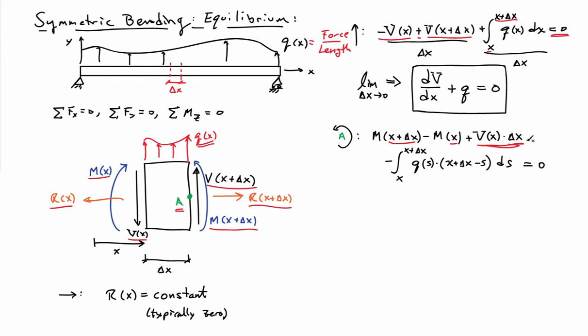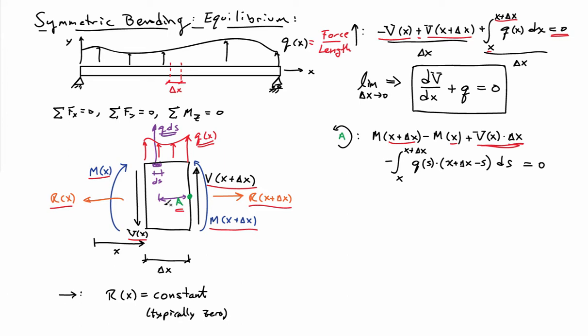So if I look at a little bit of material across the top here, say of length ds, the force acting on this little element here is going to be q ds, and the lever arm to the point A here is going to be x plus delta x minus s.